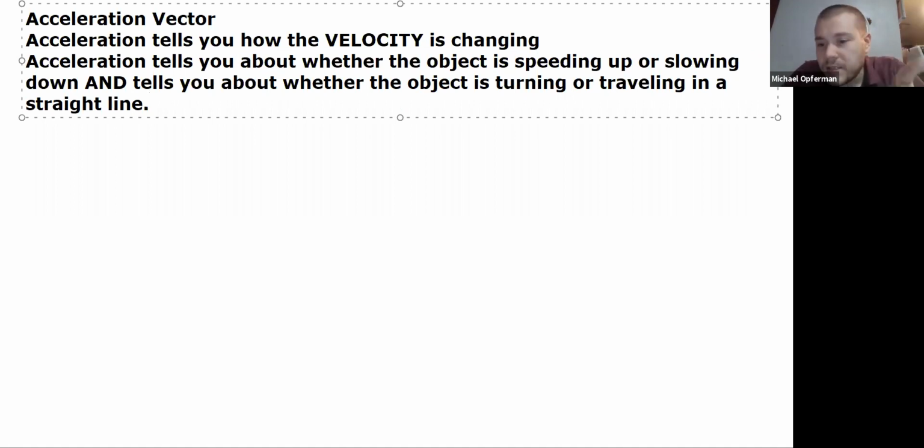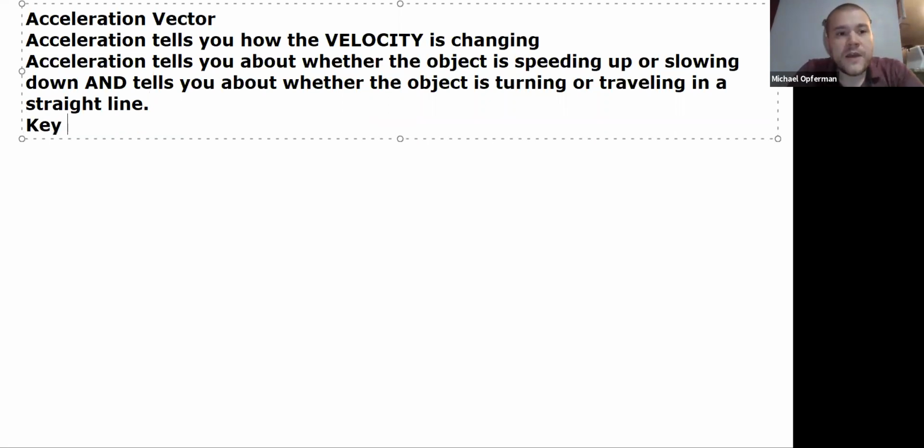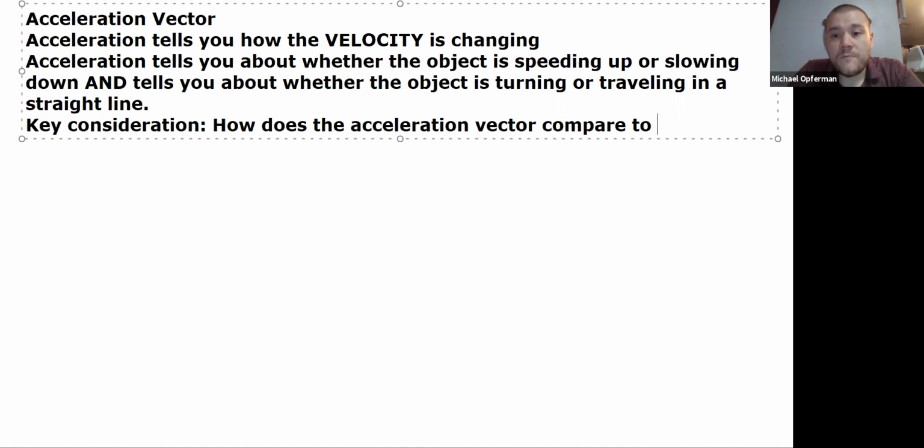So that's a lot of information, and as a result, unpacking the acceleration is a little bit complicated. So let me do that by considering a bunch of simple cases, and you'll start to see the pattern of how the acceleration works. The real key consideration for acceleration: how does the acceleration vector compare to the velocity vector?